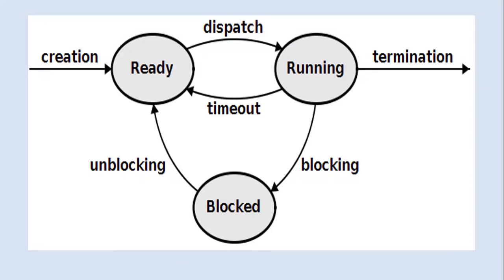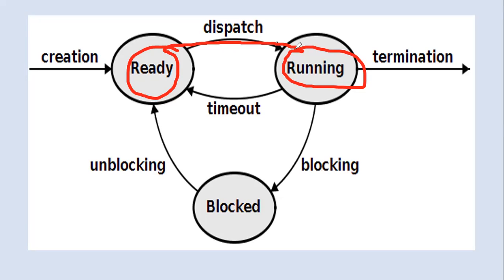As you can see, my dear students, a process begins by being created. So once the process has been created and it has all that it requires to be ready to run, it's put in the ready state, which is in the main memory. So the process joins the other processes that are ready but waiting for their turn to access the processor. Then once their turn arrives, they are dispatched by the dispatcher to the central processing unit where the process gets executed.